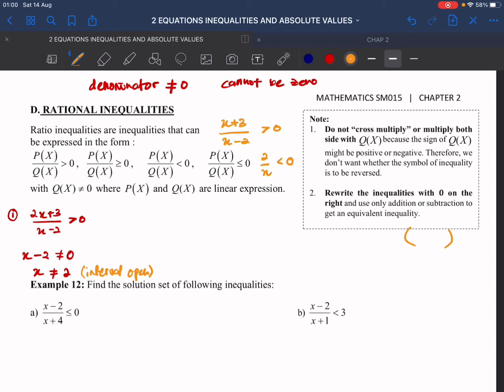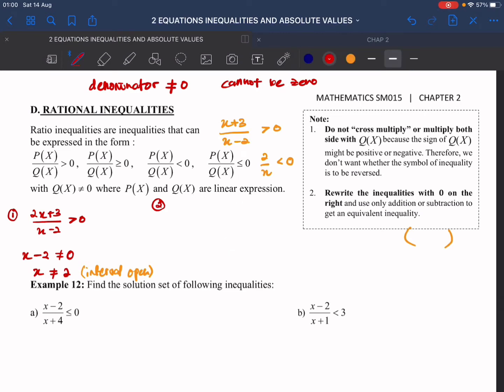Second thing yang penting untuk rational inequalities, kalau kamu tengok dekat note dekat sini, panjang-panjang saya pendekkan, which is the second thing that you must take note for rational inequalities is, let's say if I put example x minus 2 over x plus 3 less than 2, what we are not supposed to do is we cannot cross multiply here. Okay, saya pakai pen lain lah, nampak sikit.